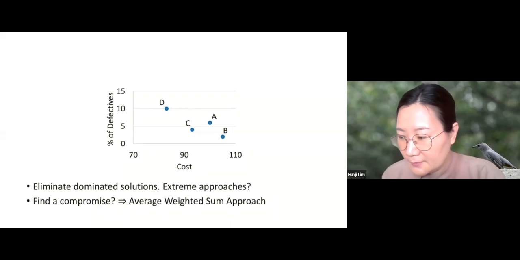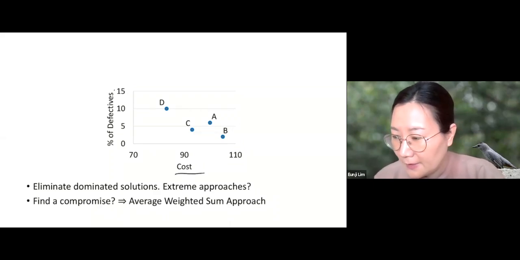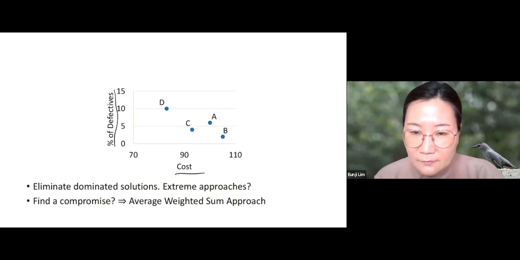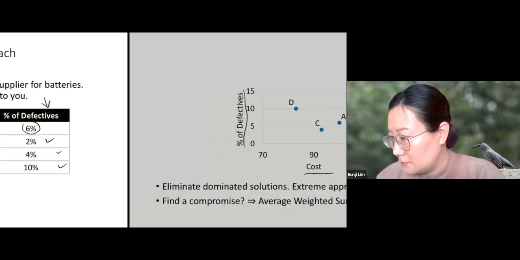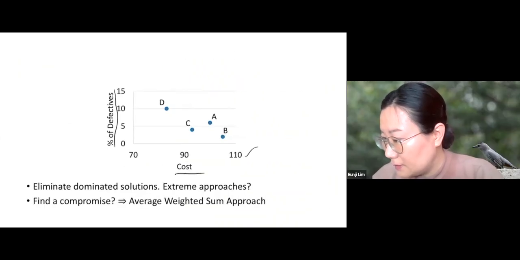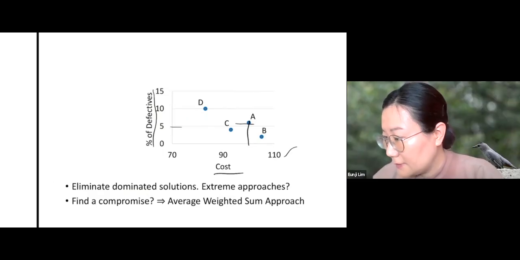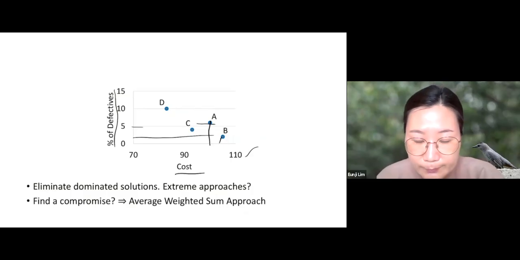On the x-axis, you put the price, the cost per battery. On the y-axis, you put the percentage of defectives. So A has 100 and 6%. B has 105 and 2%, etc.